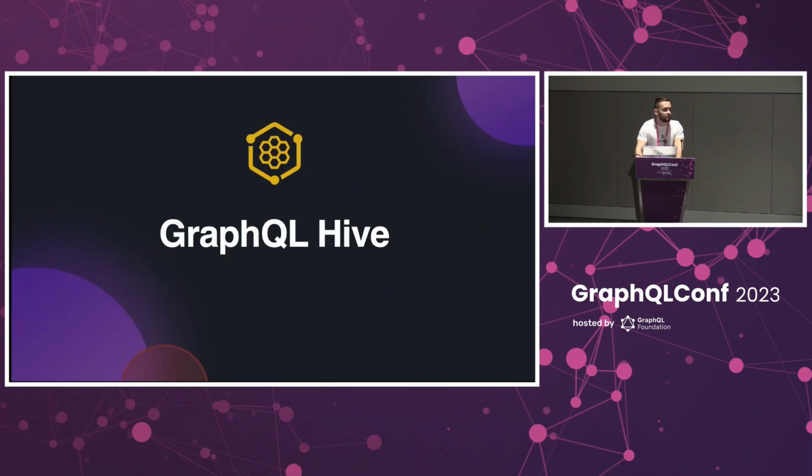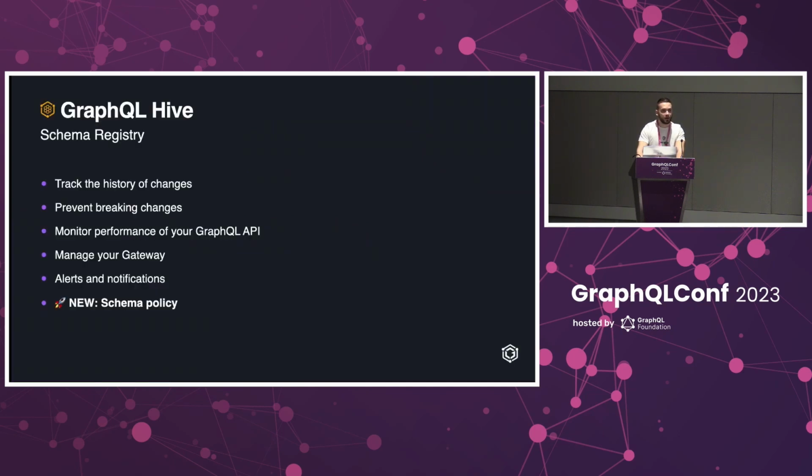And we'll finish with the new feature that we shipped in GraphQL Hive. GraphQL Hive is our open source SaaS product, a schema registry that prevents breaking changes, and has monitoring, alerts, and notifications. You can track the performance of your GraphQL schema.